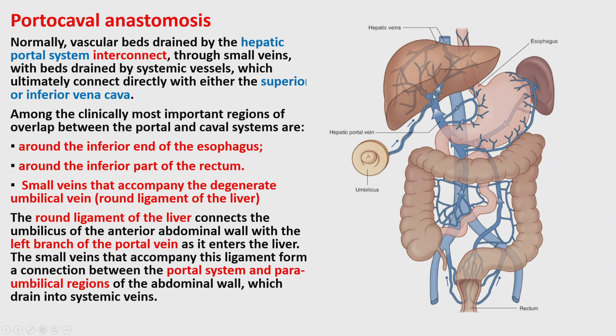Yes, because the third one is the paraumbilical vein. The paraumbilical vein is draining directly to the portal vein, accompanying the ligamentum teres or round ligament of the liver, and we said that around the umbilical region we had some superficial veins here. What was the name? We needed it for the cavocaval anastomosis also. Yes, the superficial epigastric vein, for example.